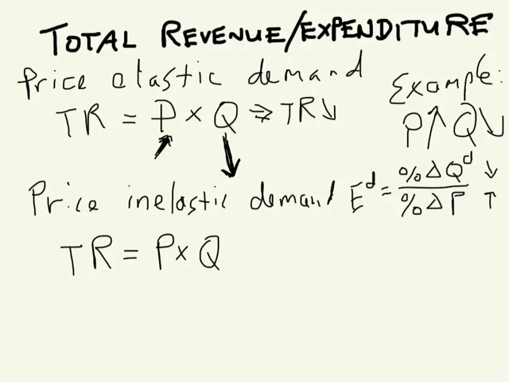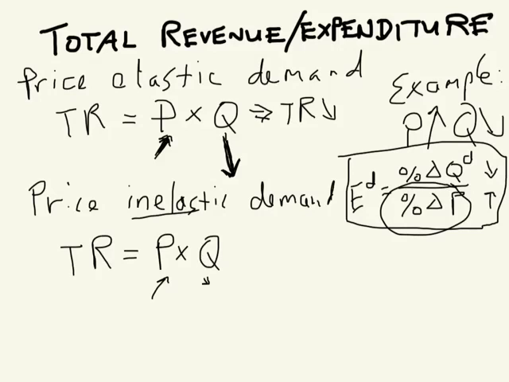But now an increase in price is going to lead to a decrease in quantity, but only a very small one relative to that increase in price. That's what we mean by price inelastic. Remember, this fraction in absolute value is less than 1. That just means this denominator is bigger than the numerator. That's how you get a fraction less than 1.